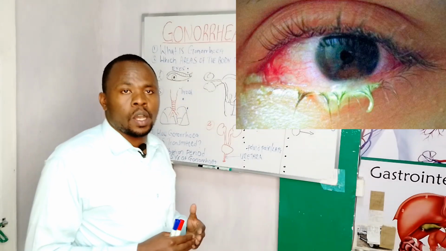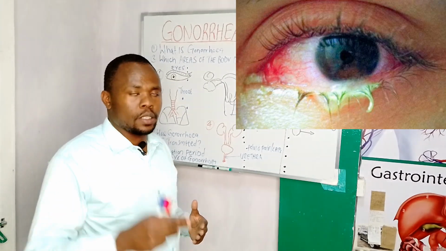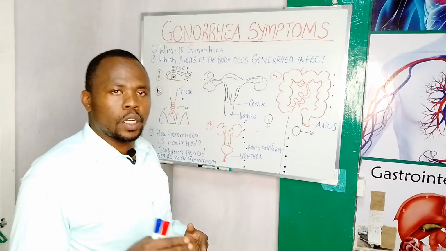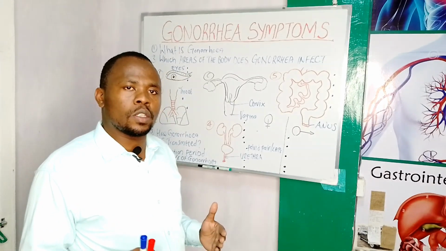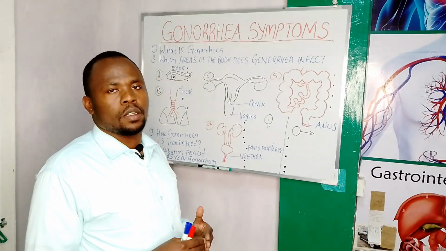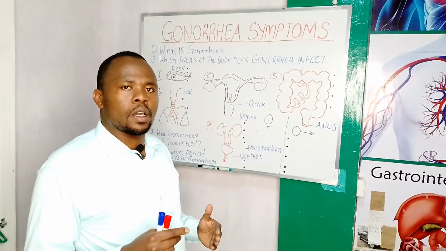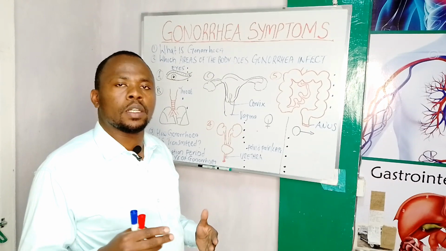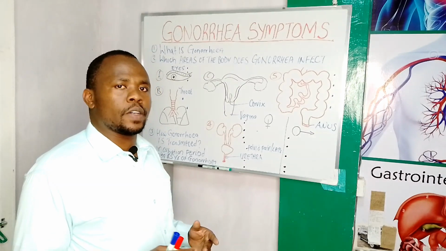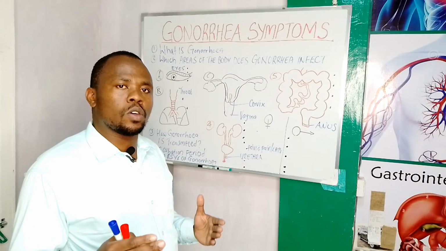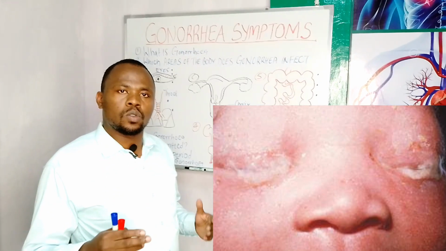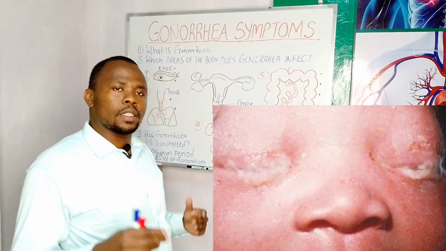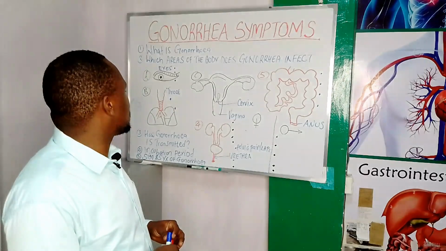Gonorrhea infects your eyes in two ways. For children, when a mother who is infected with gonorrhea is giving birth, the child who is being born will get infected. This gonorrhea will affect the eyes of the baby and result in infection of the eyes by that bacteria.